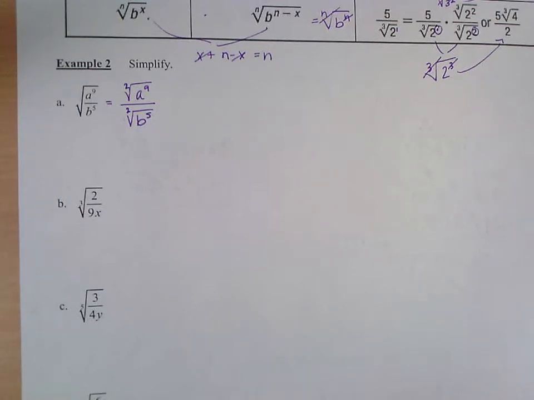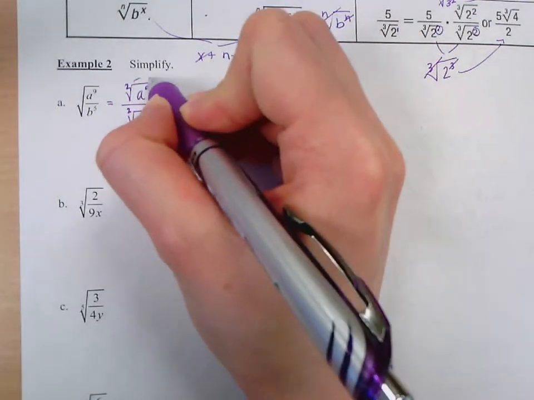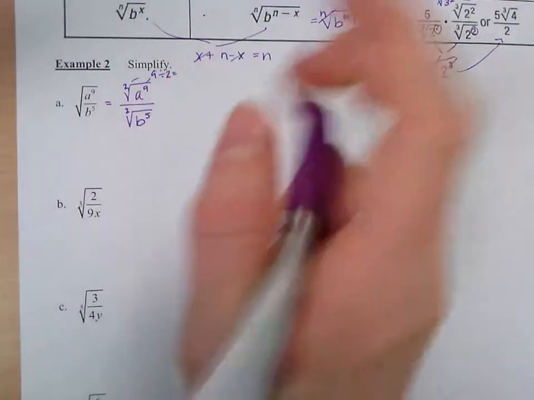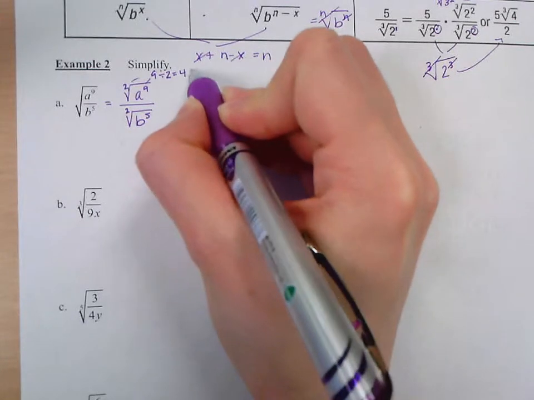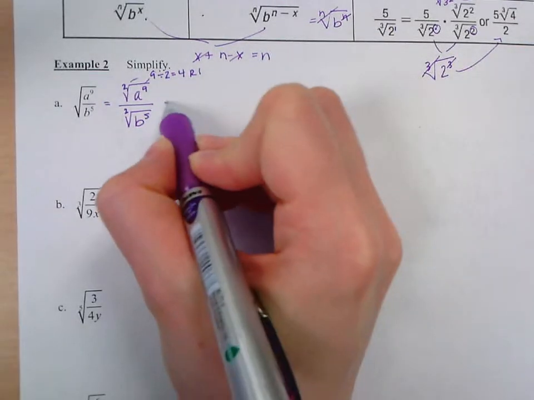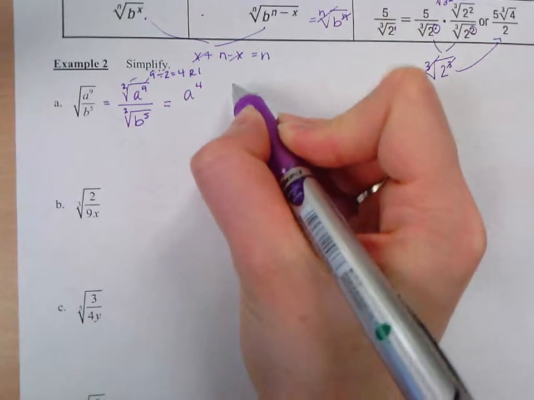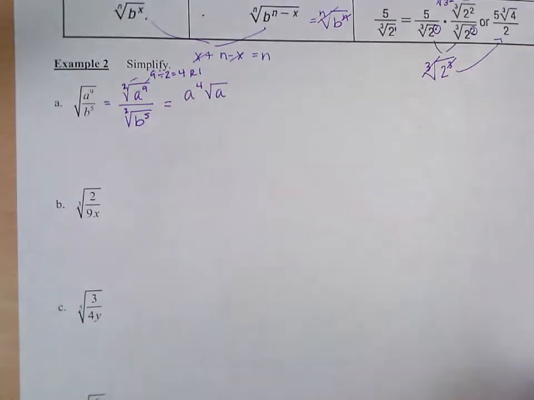So if I simplify the top, divide the 9 by the 2, 2 goes into 9 4 times with a remainder of 1. So that would be a to the 4th power, and I still have a square root of a.